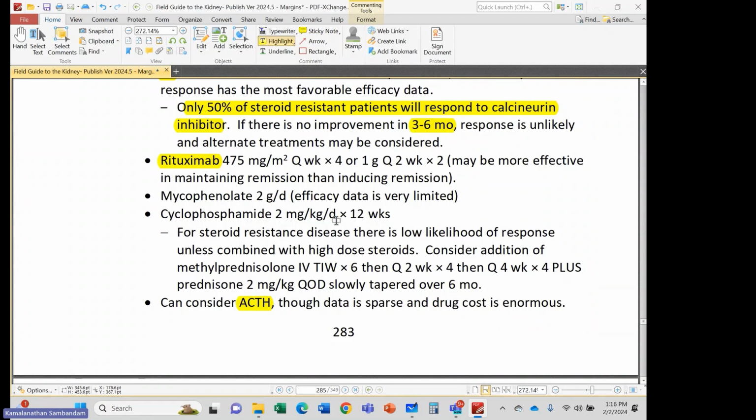That being said, there's data, particularly in the membranous literature, that suggests that ACTH may have some novel effects on podocyte biology through a different receptor, not through glucocorticoid receptors, but through melanocortin receptors on the podocyte. I don't buy it.